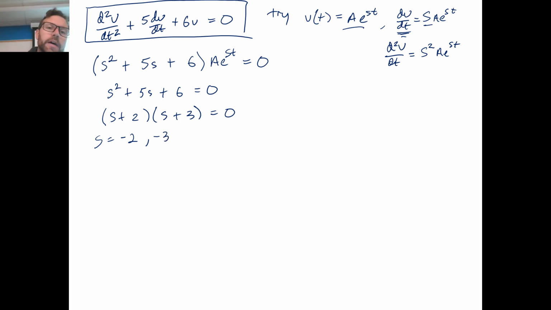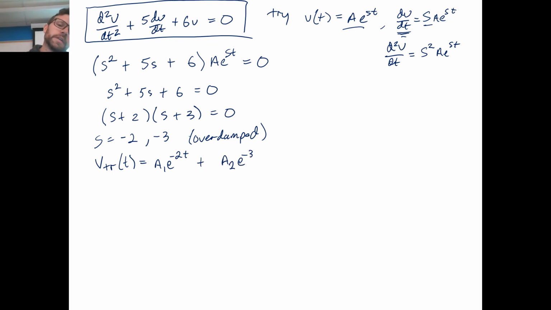So we see that s1 and s2 are not equal to each other and they're real, and so we have an overdamped scenario. So we get that the transient response, v transient of t, is then A1 e to the -2t, that's s1, plus A2 e to the -3t, -3 being s2. Okay, so there's our transient.